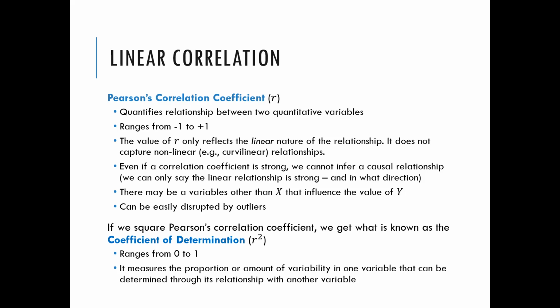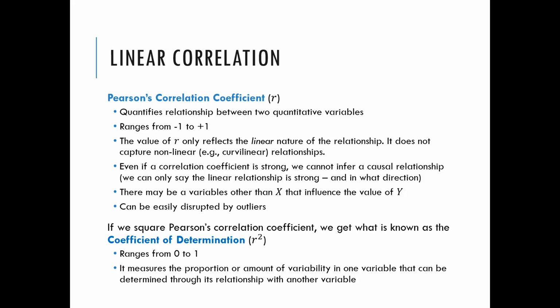Even if the correlation coefficient is -1, the highest magnitude in the negative direction, or +1, the highest magnitude in the positive direction, we still cannot say that one variable causes the other. There are special models for that. We can only say that the linear relationship is strong, and in what direction, whether it's negative or positive.